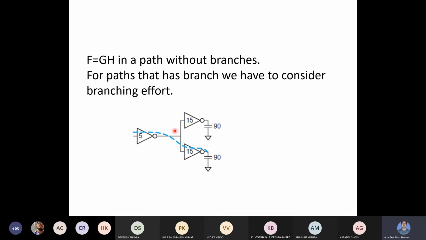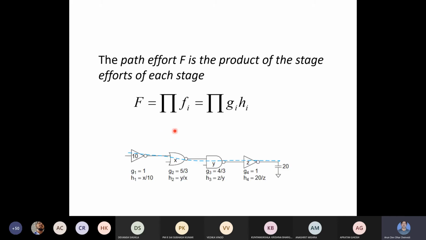And the new thing now is, if there is some branch. If it is in series and there is no branch, then it is simply F equal to the product of Fi, or we can say the multiplication of individual stage efforts.